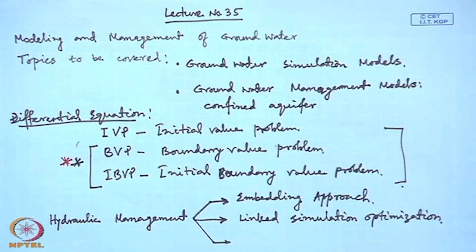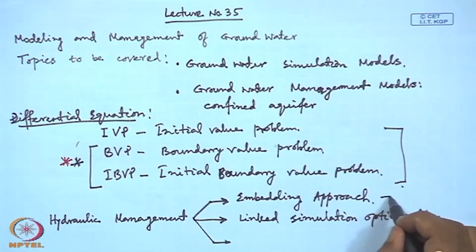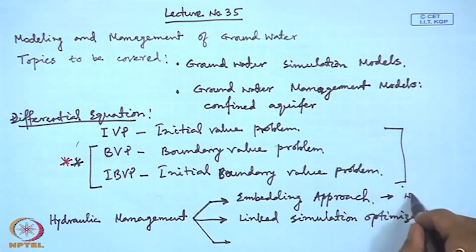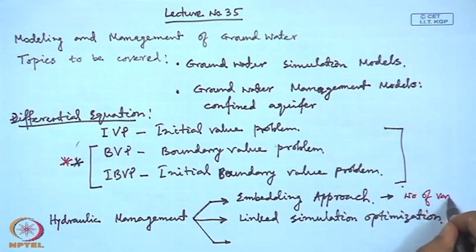But the problem with the embedding approach is that we are discretizing it for a number of points or a number of grids. So the number of decision variables is crucial for this kind of approach.